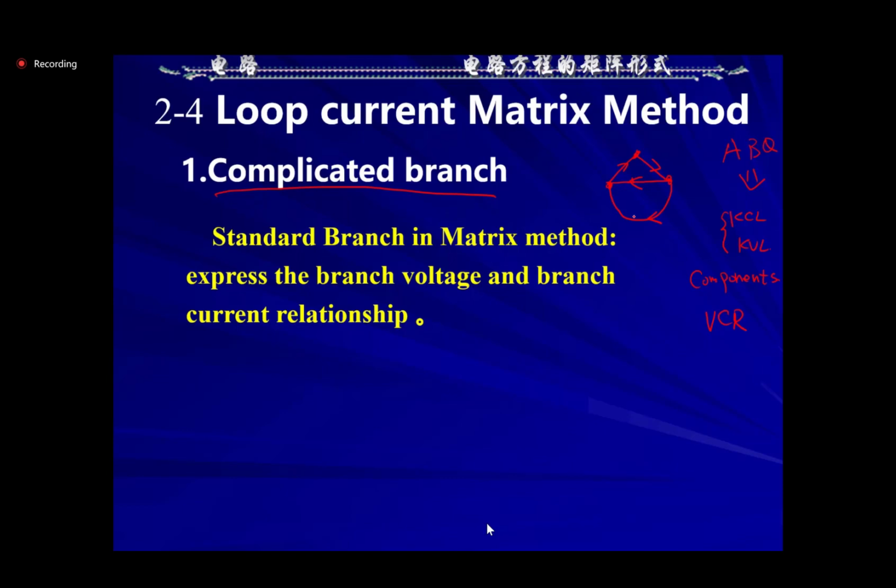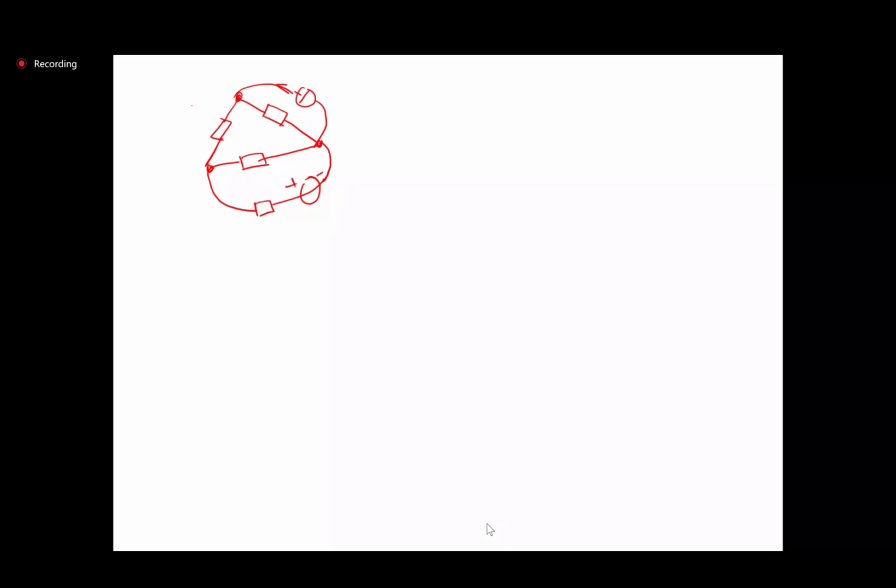For example, for this circuit, when we draw the digraph, we treat parallel and series connections as one branch.